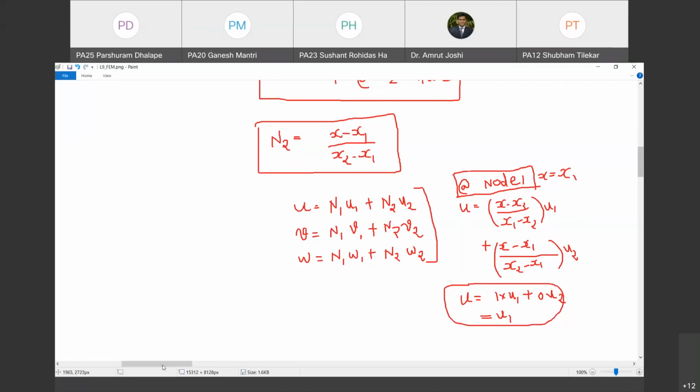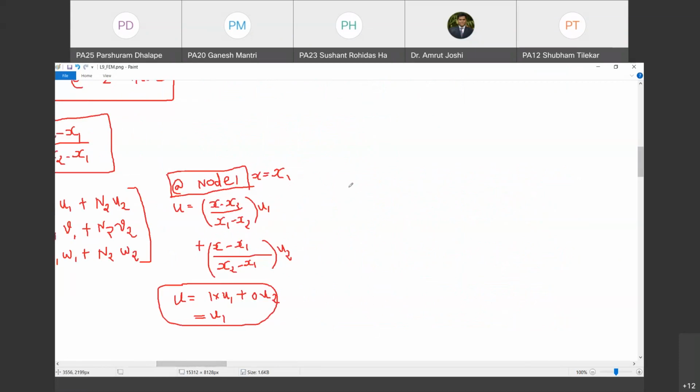Yes. Now let us look at what happens at node 2. So at node 2, what is the value of x? Tell me. x is equal to x2. Now I'm going to substitute that.